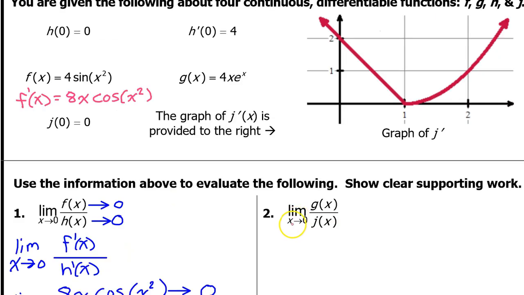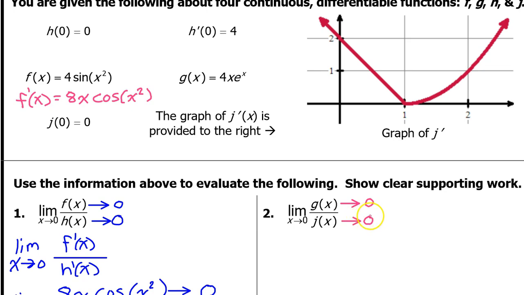Number 2, the limit as x approaches 0 of g over j. So direct substitution, if we plug in 0 into g, that's going to just be 0. If we plug in 0 for j, well, that's a fact that we are given. J at 0 is 0. Arrow 0. Achievement unlocked.